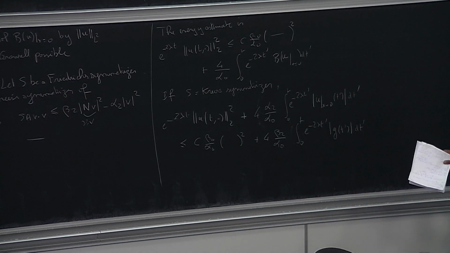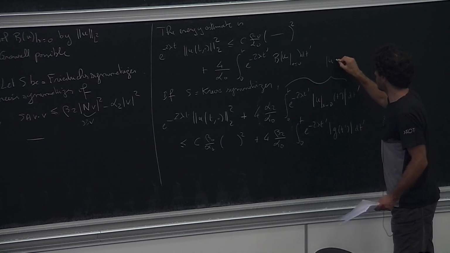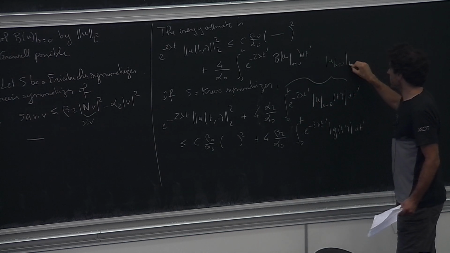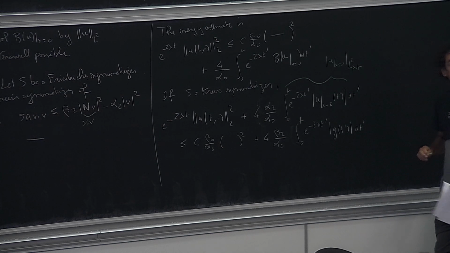Okay, so I will write this quantity u at x equal to 0 in L2 lambda t. It's a weighted norm, an exponentially weighted norm in time.